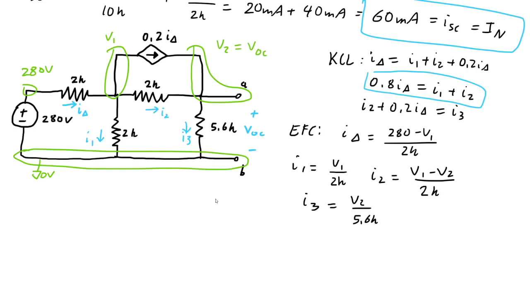So 0.8 I delta, that's going to be 4/5. So 4 times 280 minus V1, which we already know is 1120. So I'll just write in 1120 minus 4V1 divided by 10,000 equals I1 plus I2.